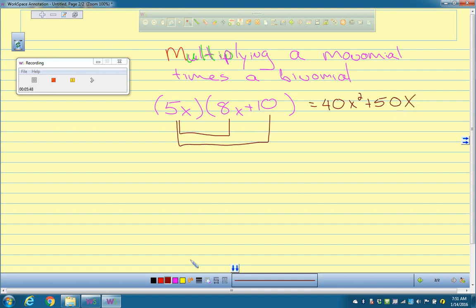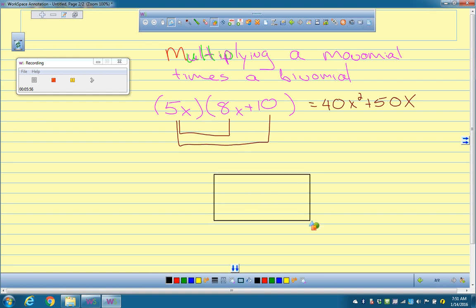Another way to think about that, again, and I know it seems kind of dumb at the beginning with making a rectangle and stuff, but as we get more complicated problems, the rectangle helps you keep organized.